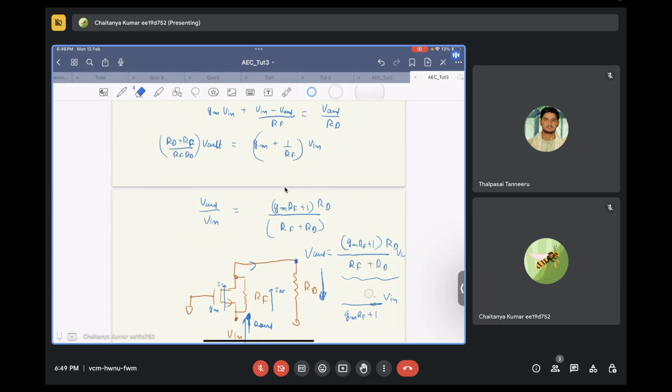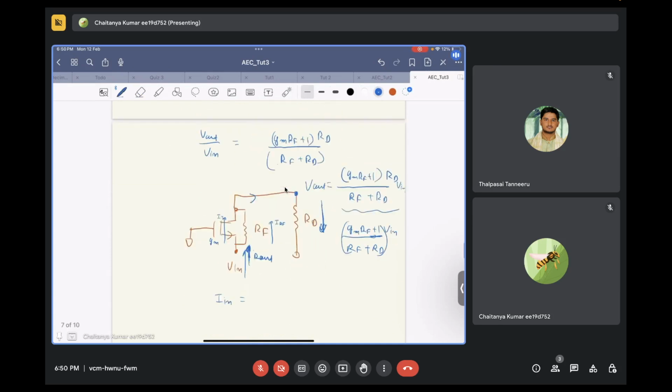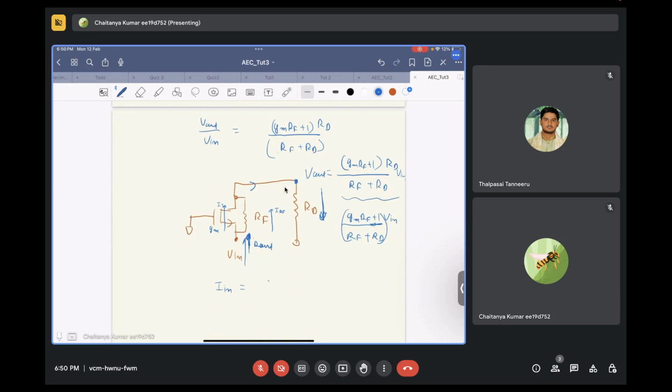So your current will be GM RF plus 1 divided by RF plus RD. This will be your current. So I in is equal to GM RF plus 1 divided by RF plus RD times V in.